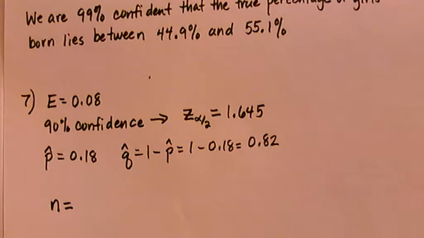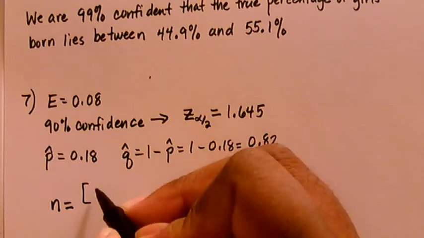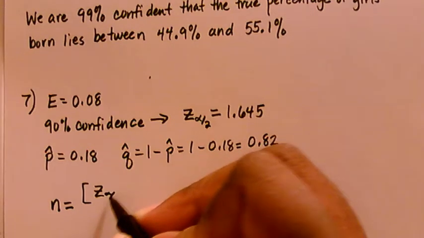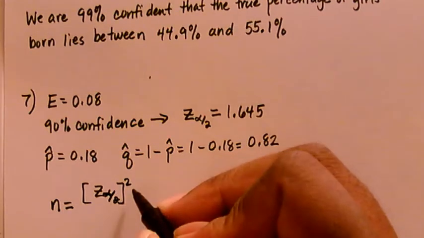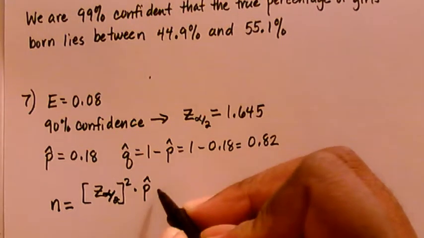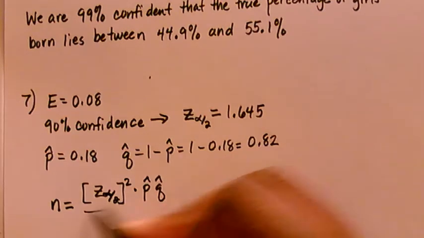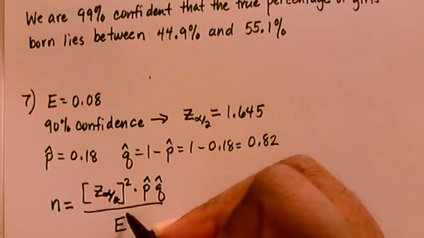Okay, and there's a formula that we use. Since we already know where P hat is, we use this formula. Z of alpha over 2, which is a critical value, and that's squared, times P hat, Q hat, all over E, and that's squared.